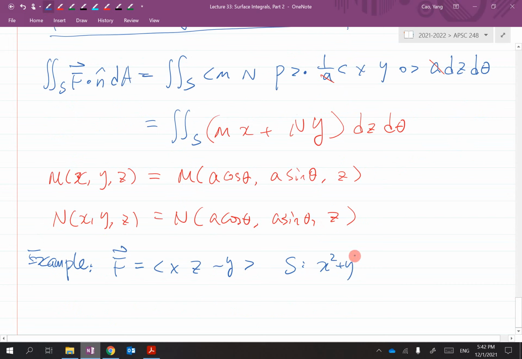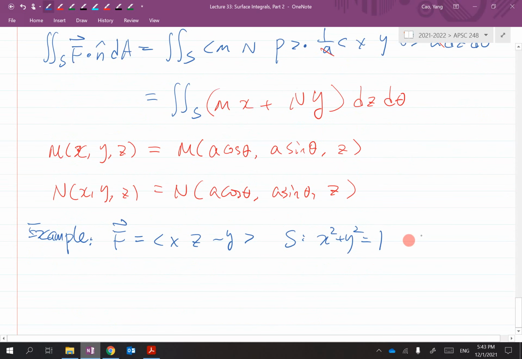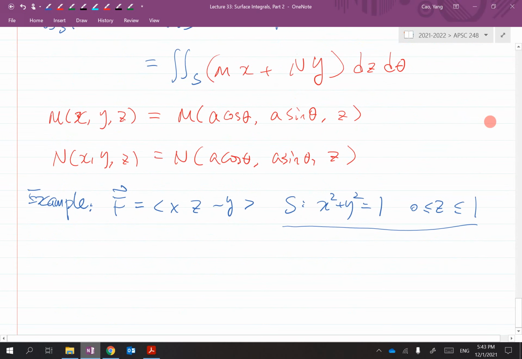S is a cylinder, x squared plus y squared equals 1, and z is between 0 and 1. So this is your cylindrical surface. And let's calculate outward flux.